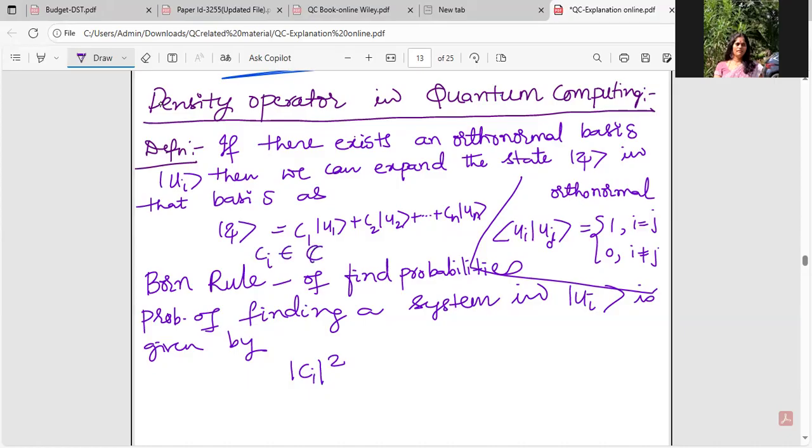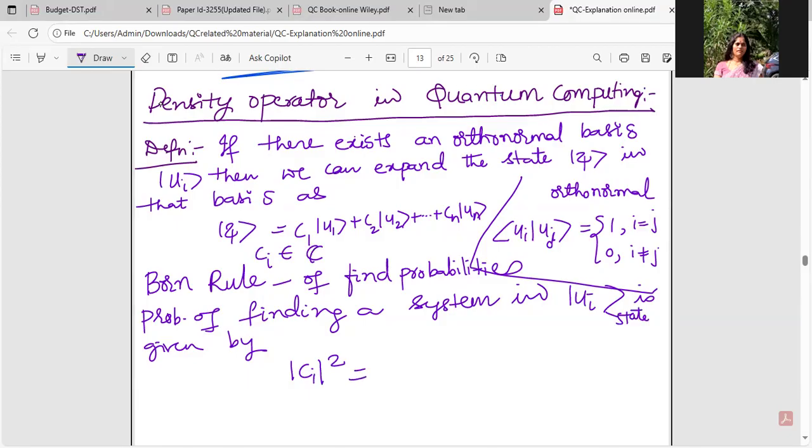So the probability of finding a system in the ket ui state, where ket ui is nothing but the state, is given by mod ci squared.